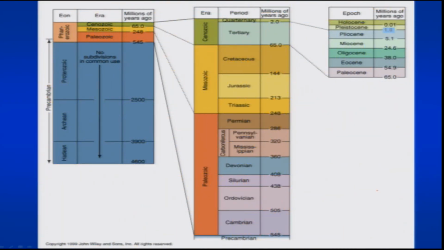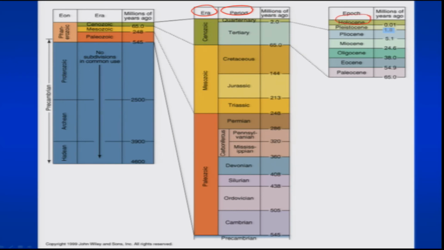Now, before we move to the part about plate tectonics and all that, in the last lecture we talked about the geological time scale. We have era, we have period, and then we have the epoch. Right now we are in the Holocene epoch.